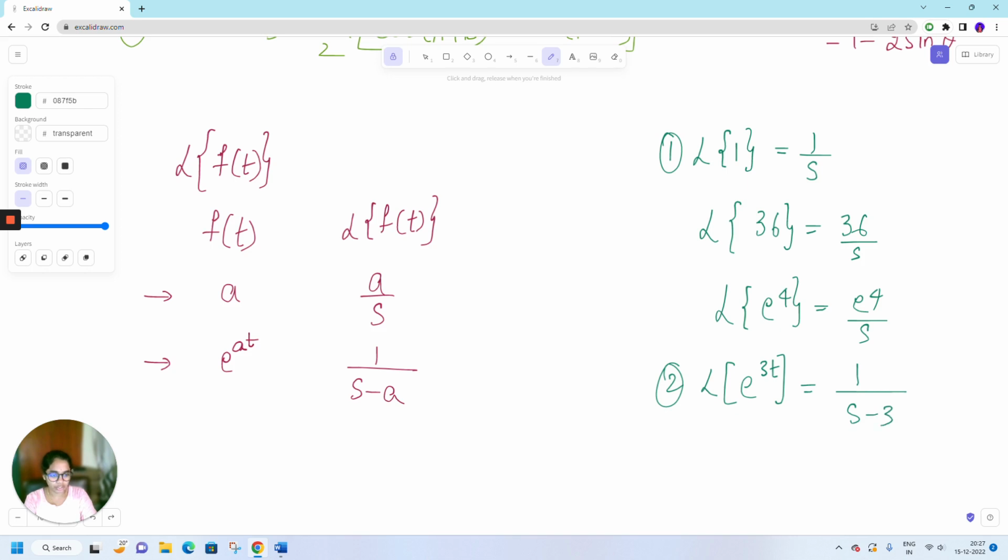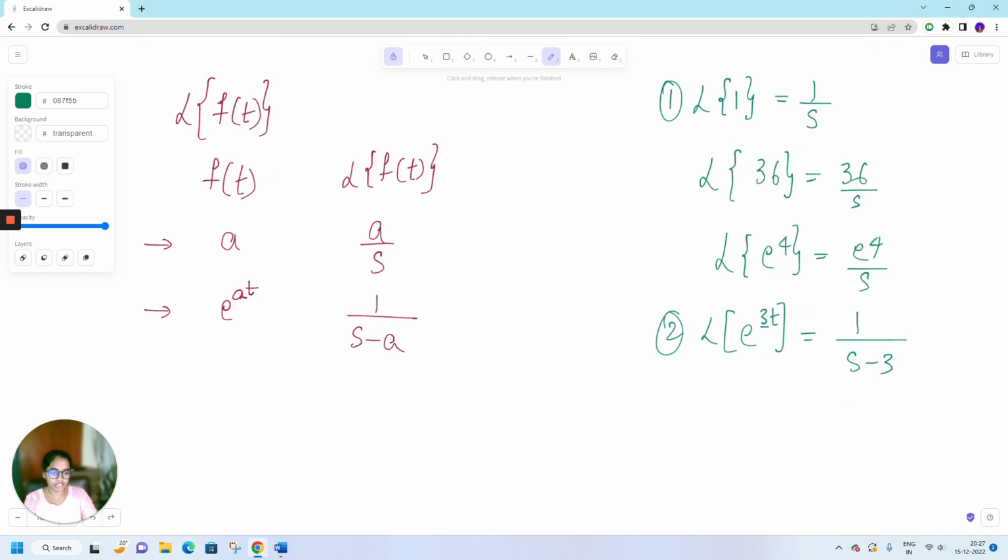Why? In place of a I have 3. Now what is Laplace of e to the power minus 5t? In place of a I have minus 5, so I would write 1 divided by s minus of minus 5, so the value of this would be 1 divided by s plus 5.